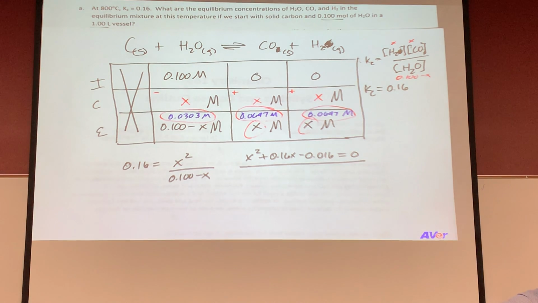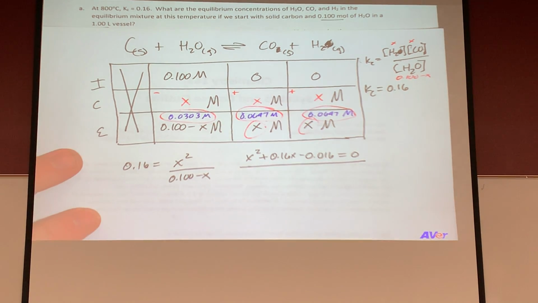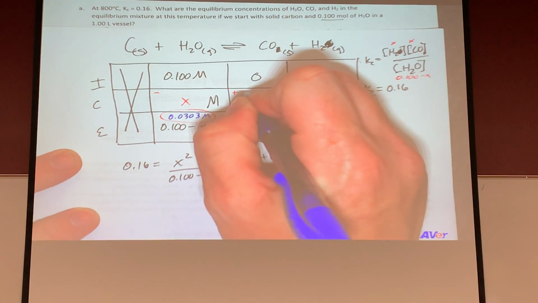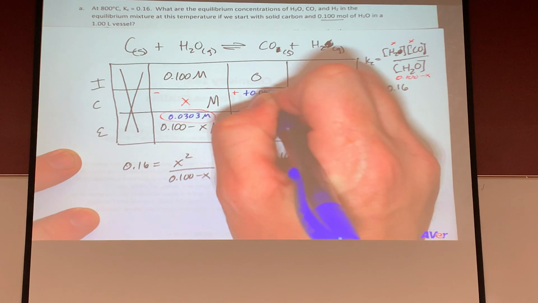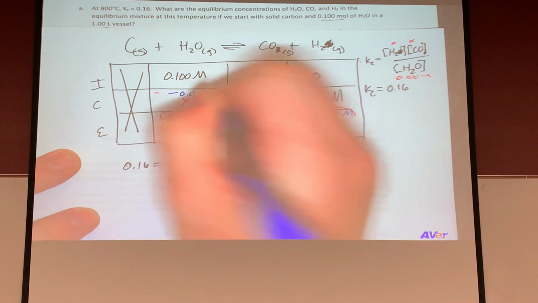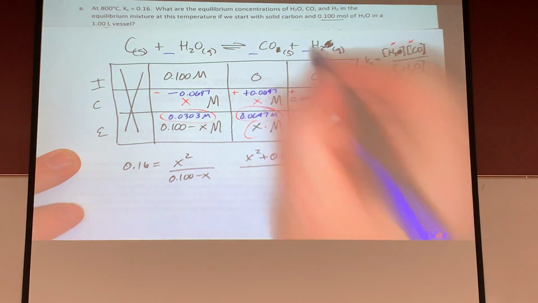All right. What questions do you have on that problem? That's just part A. So I know that I can write these numbers and pick them up in blue. It goes up by 0.0697, up by 0.0697, down 0.0697, because it's a 1 to 1 ratio.